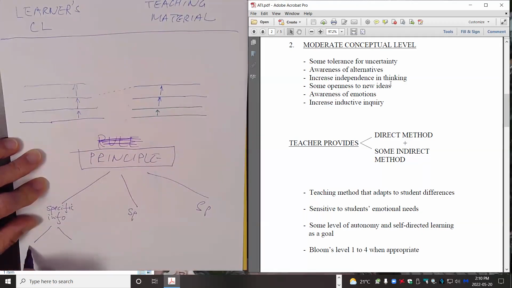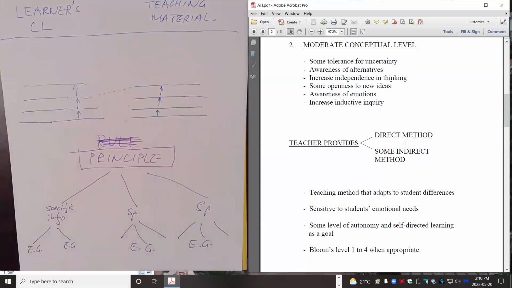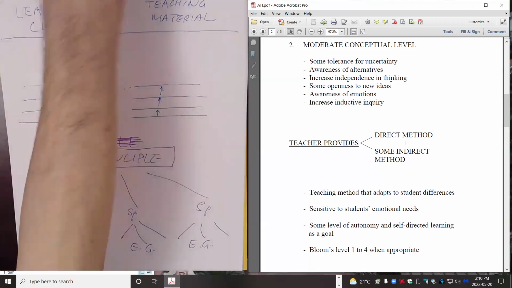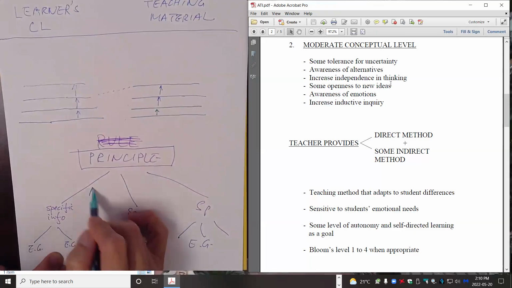Then you may have one example here, more examples, all right? So inductive reasoning is what? The direction is from, say, here to here.